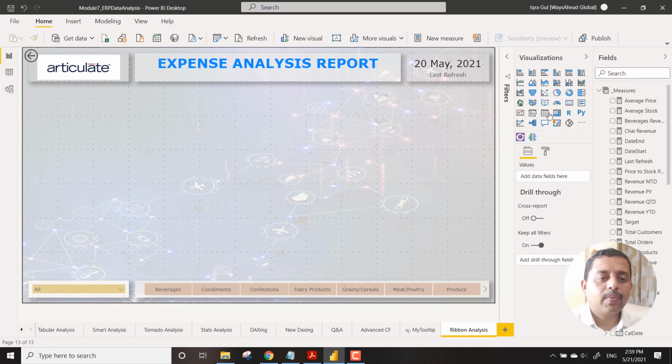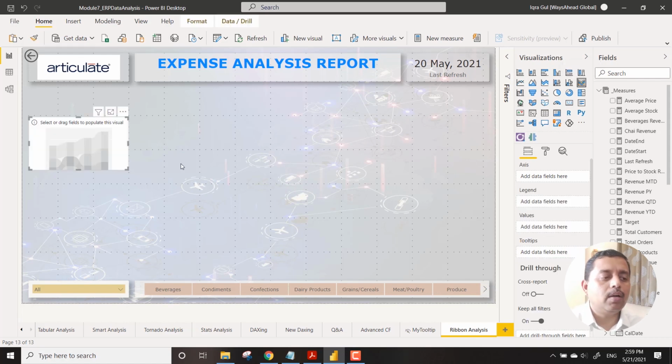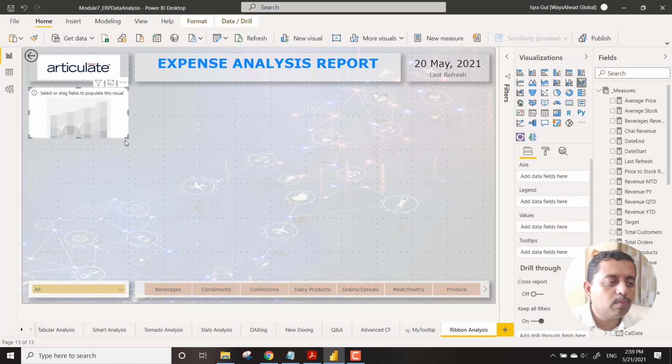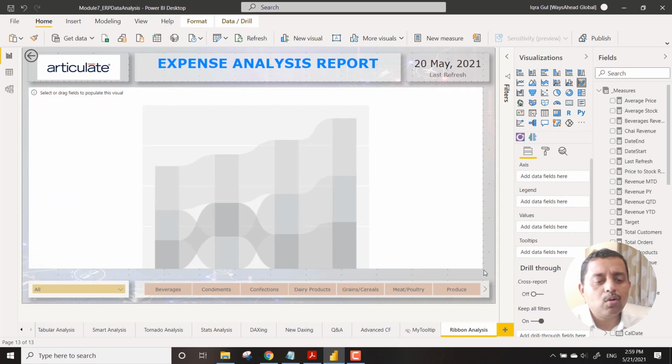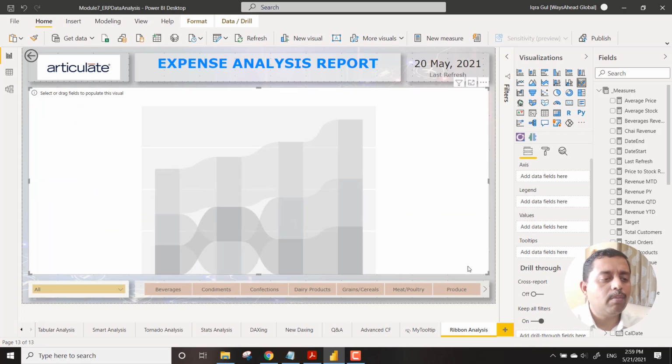Let's see that. We have this ribbon chart, which is a very, very important chart. Back to back, we will be seeing around 2-3 charts which talk about the different types of inferences possible from your data given these reports. So this is now the ribbon chart.